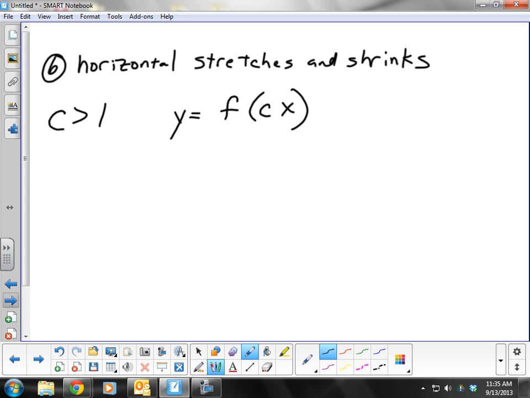Because remember, if I'm inside the parentheses, what kind of operation do I use? It's the opposite. And so what I'm going to be doing is dividing each x-coordinate by c. So the x-coordinates are going to get smaller. So what's happening when c is larger than 1? It's a shrink. So this is a horizontal shrink.